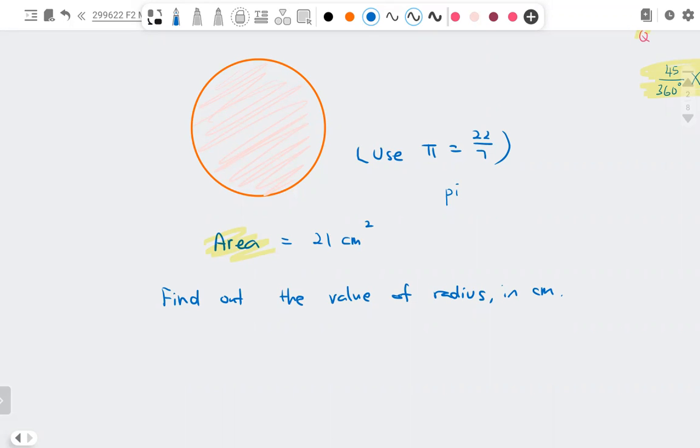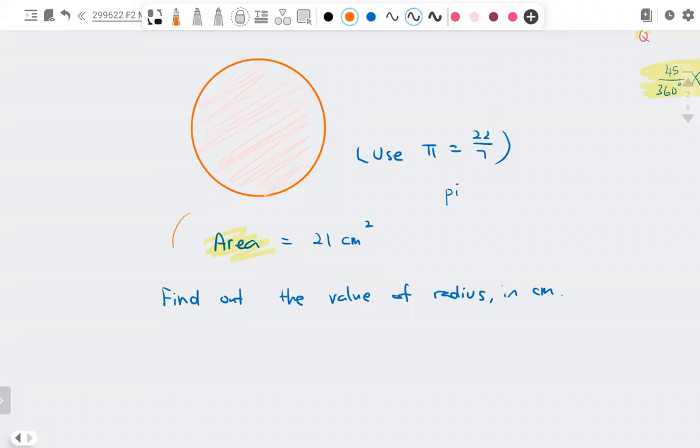Area equal to pi r square. Yes, pi r square.